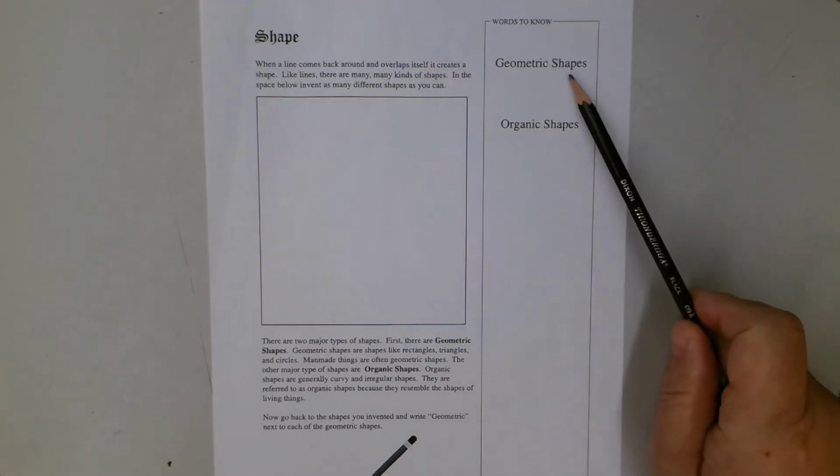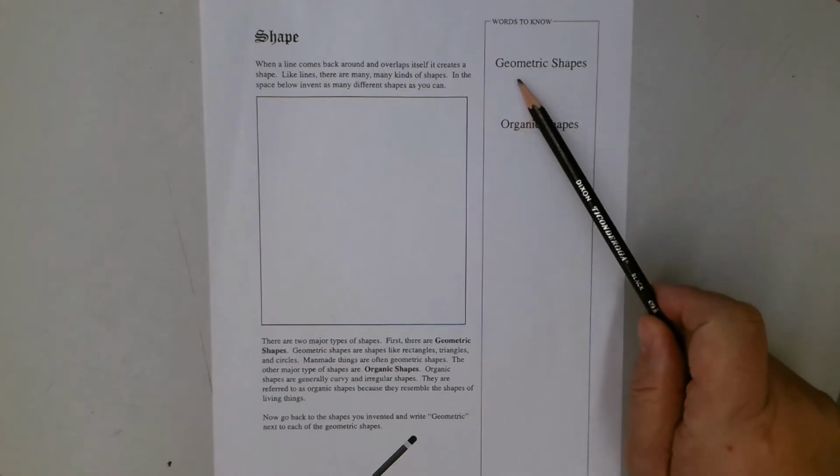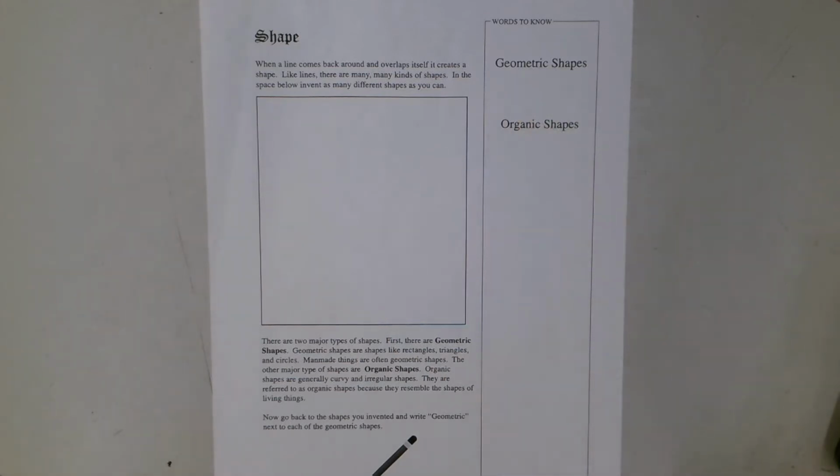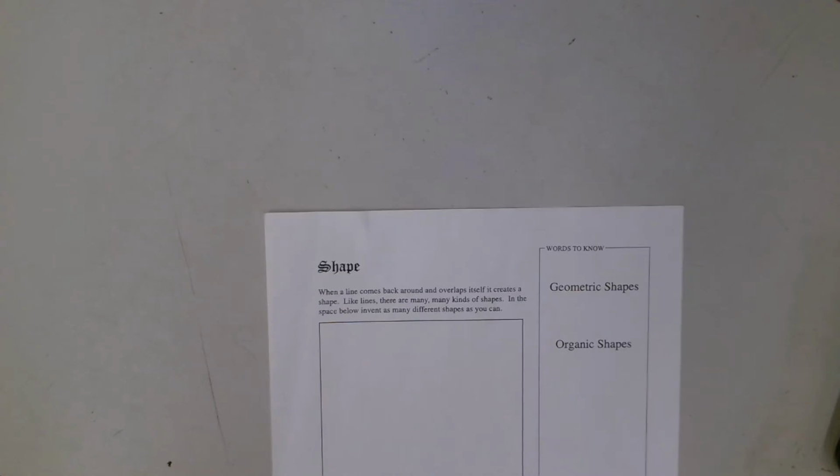But this is our definitions for organic shapes and geometric shapes. I just showed you how a line becomes a shape. And we're going to utilize these activities to create a design that's going to focus on shapes and lines.